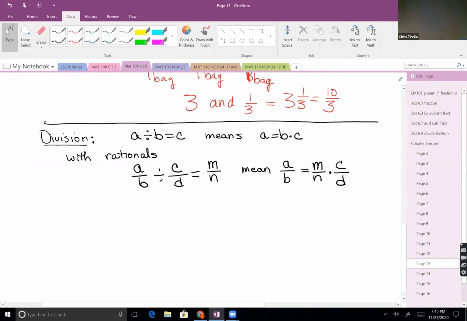And now here, we want to introduce the idea of the reciprocal of the fraction.